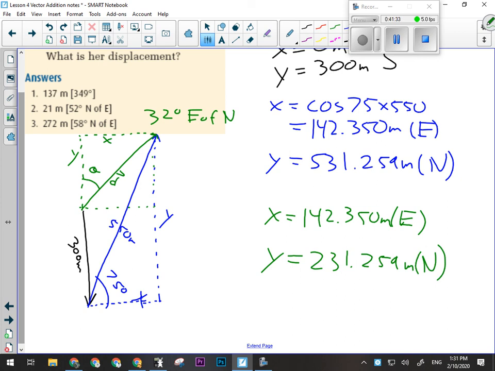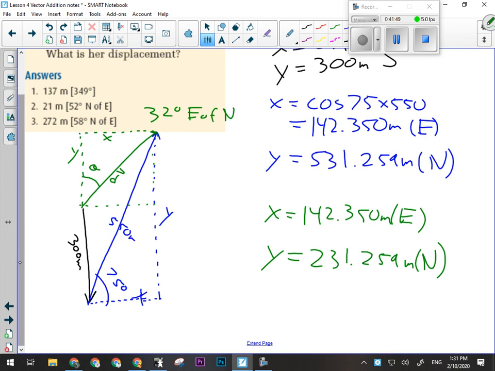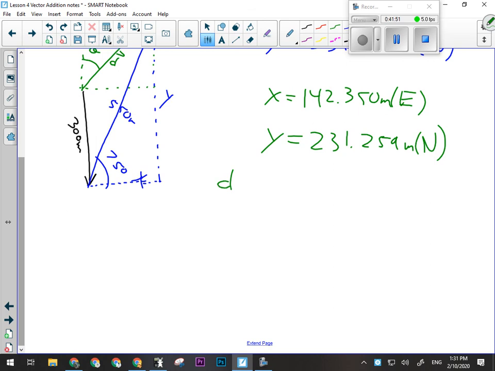What's my next step? Magnitude, right. I've got to find out how big D is using Pythagorean theorem, because I now have green X and green Y. I've got the two sides of its triangle. So that's the next thing I want to find, my overall displacement. That'll be the square root of 142 with all the decimals squared plus 231 with all the decimals squared.